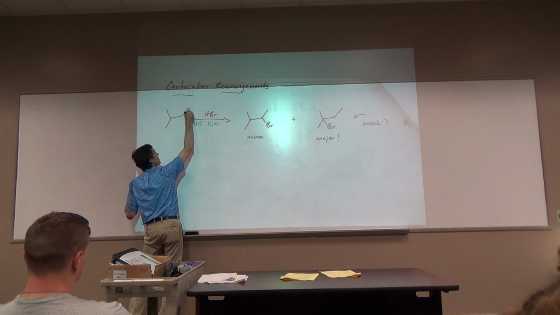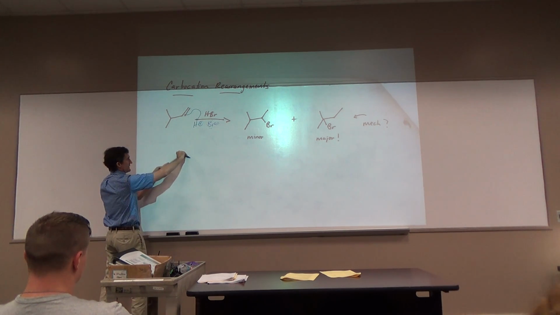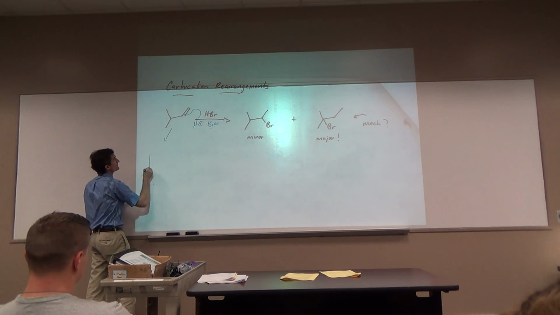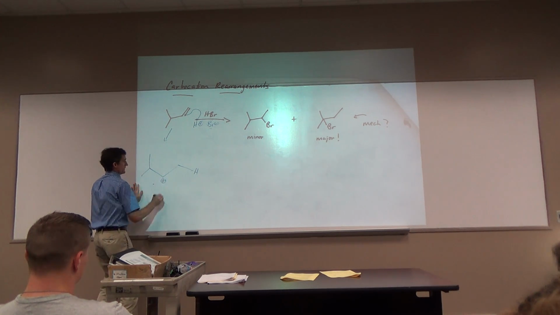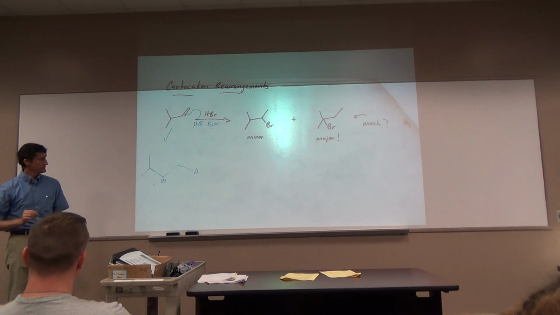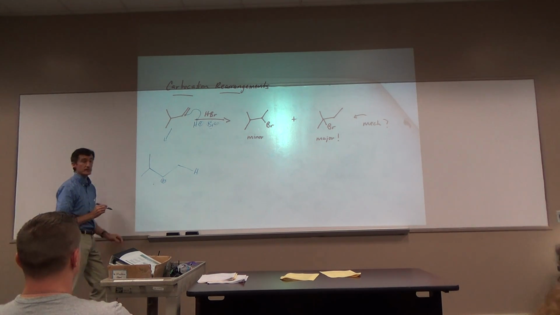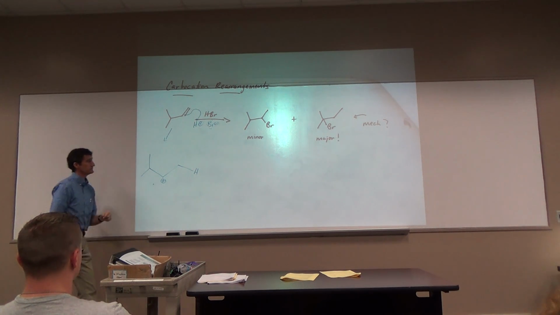I'm going to hinge them up and then attack. They go attack, leaving the bottom one without a bond. The top carbon now has a bond to H. The electrons swung out bond to H, leaving this as a cation.